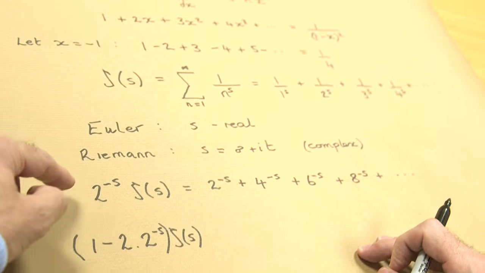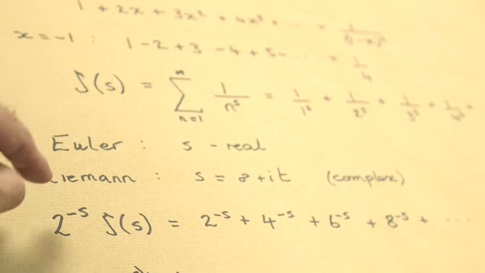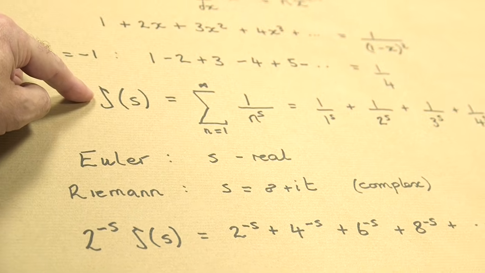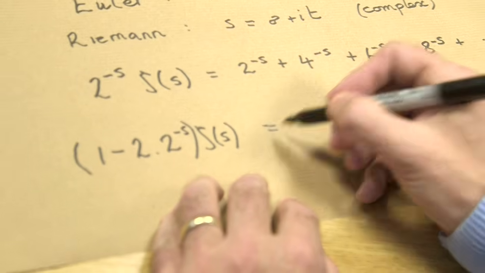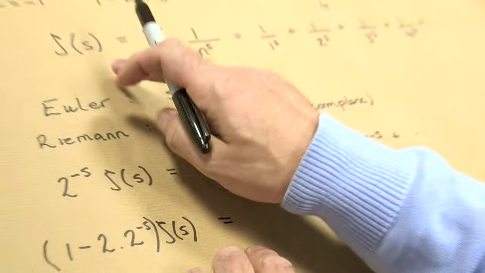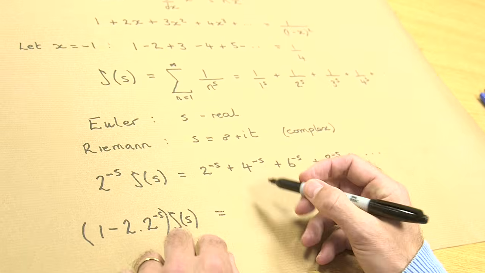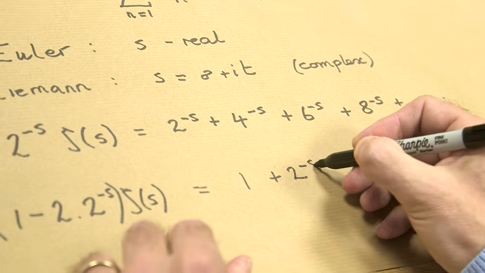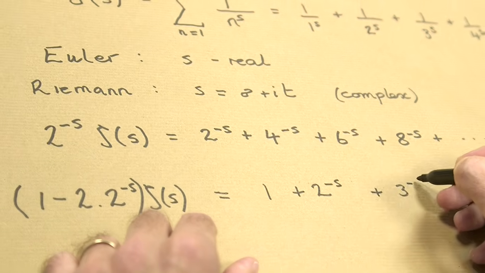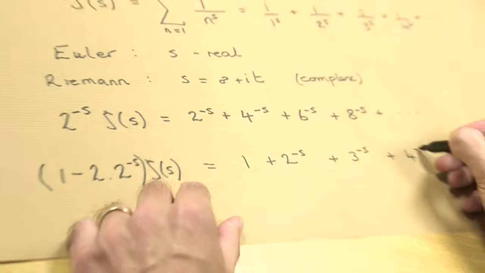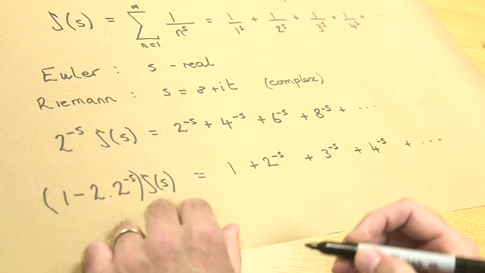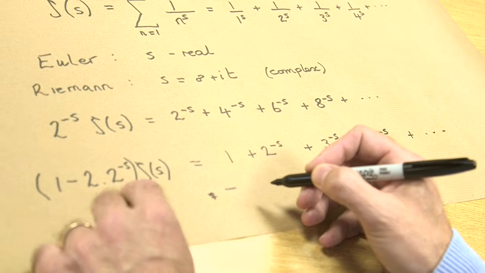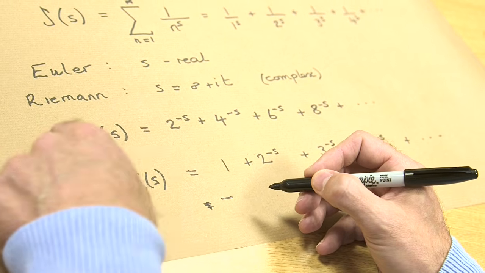So what Euler now did was he takes 2 of these away from this. Let me write it out slowly. Let me write out the first term, which is the zeta: 1 plus 2 to the minus s plus 3 to the minus s plus 4 to the minus s, etc. And now I take away twice this thing.